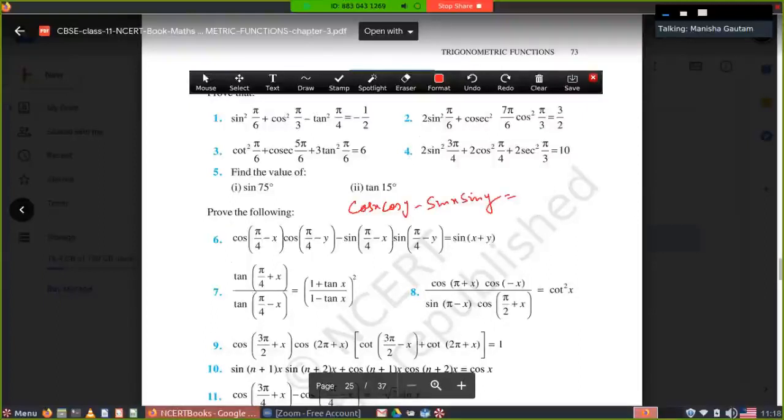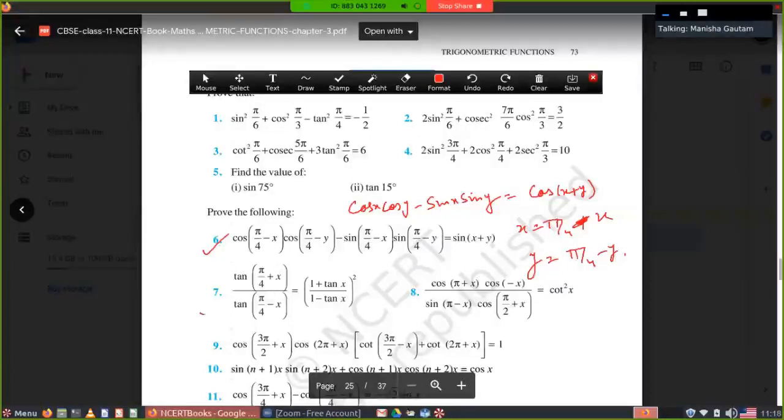This is the formula of cos(x plus y). What is x? x is pi by 4 minus x, and y is pi by 4 minus y. Apply this formula.